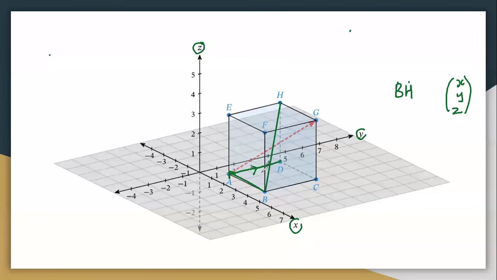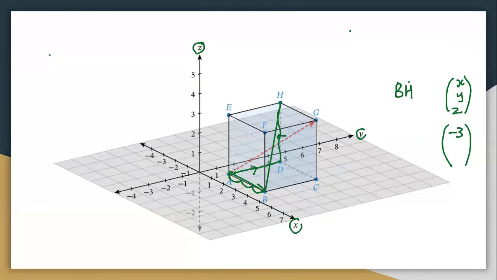Are you seeing the movement? Then from here you move up. How many steps have we moved along the X? 3. Which direction? Negative. So you say -3.